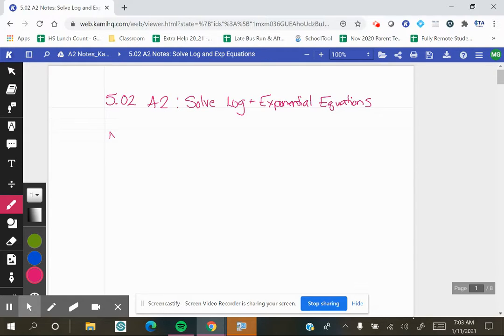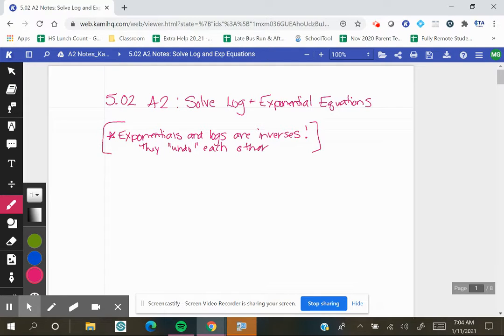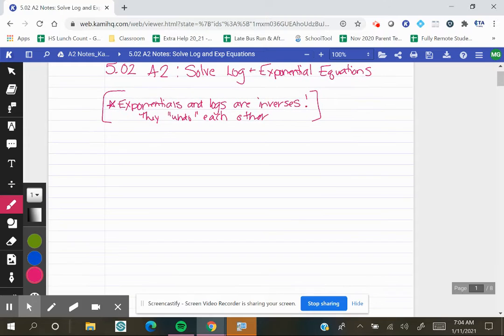One thing you want to remember about logs is that exponentials and logs are inverses of each other, meaning that they undo each other, kind of like a square root undoes a squared term. Those are inverses of each other.